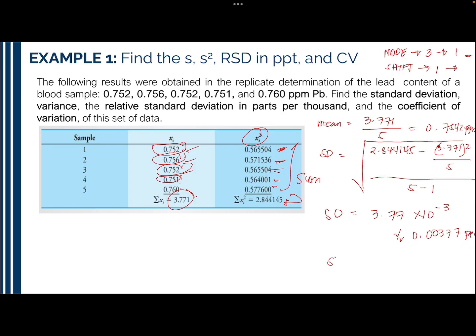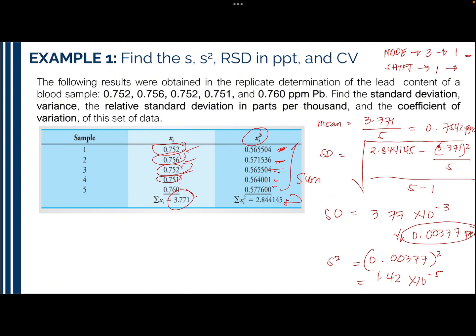And then for variance, we square it. 0.00377 squared is 1.42 times 10 to the negative 5.